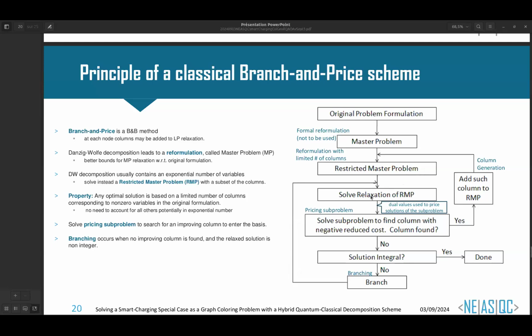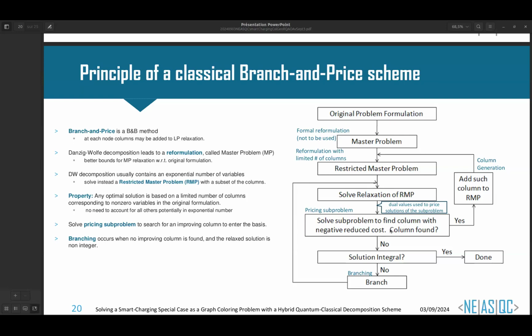We will solve a relaxation of this restricted master problem. Then we will use the dual variables to price the solution of a subproblem. And this subproblem will actually find new columns with a negative reduced cost for a minimization problem.